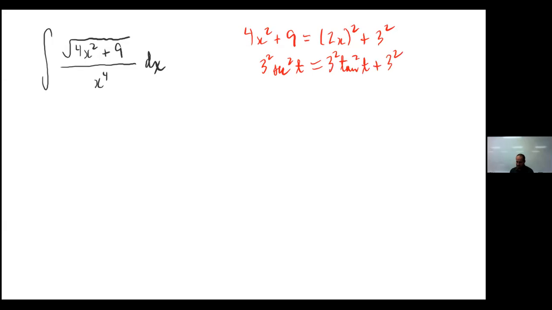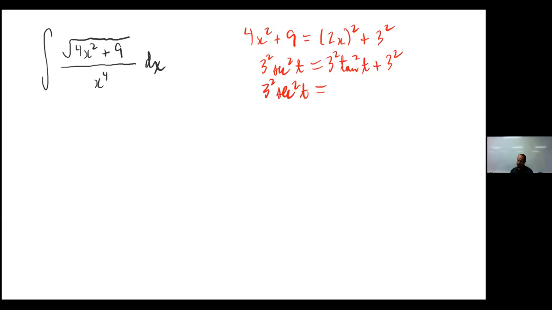That's the same thing as 3 squared secant squared of t equals, how should I rewrite the 3 squared tangent squared t thing? Where did the 2 go from the 2x squared? It's still there. I haven't really tried to do anything yet. I'm just trying to rewrite the tangent squared plus 1 identity in a way that we can compare things. So how should I rewrite the 3 squared tangent squared t thing?